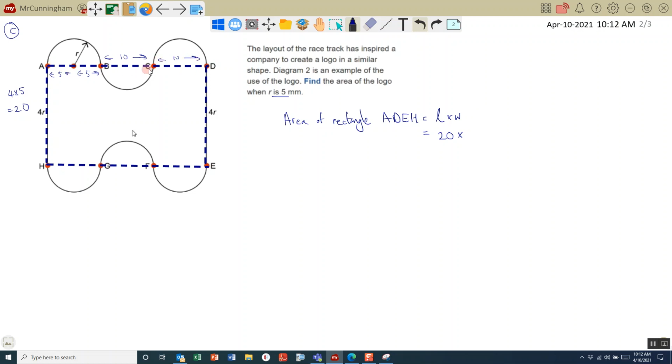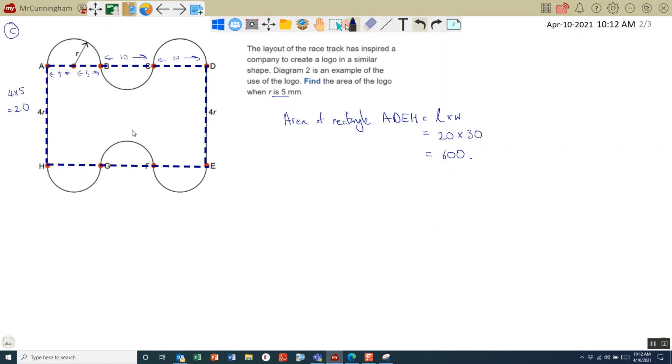So the total distance along, imagine we've got 1, 2, 3, 4, 5, 6 groups of the radius, which is 6 5s, which is 30. Okay, 10, 20, 30. So our area of this rectangle is 600.